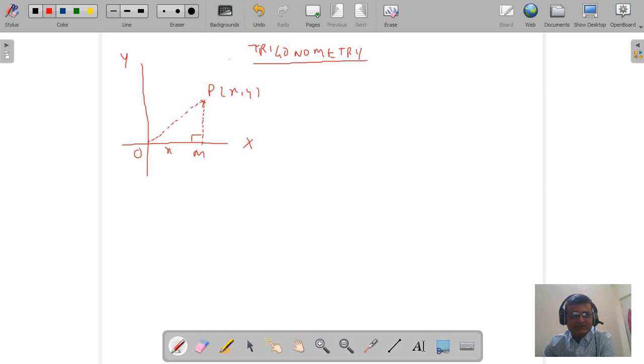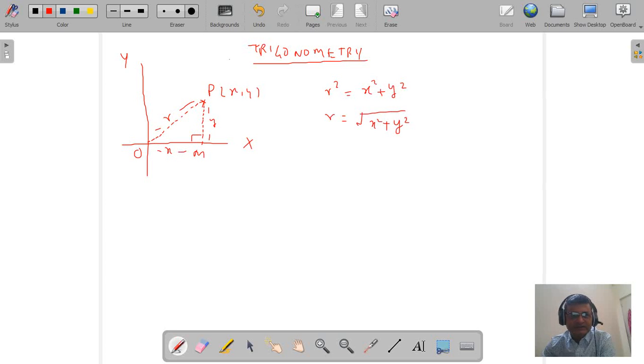So this distance will be x and this distance will be y, and this distance is r. You know that using Pythagoras theorem, r square will be equal to x square plus y square. So r is equal to the square root of x square plus y square.